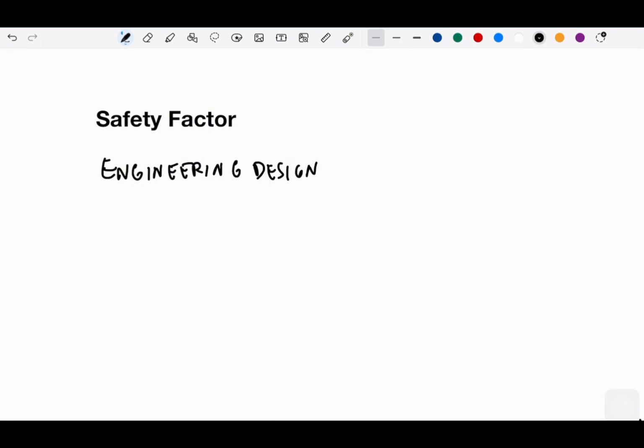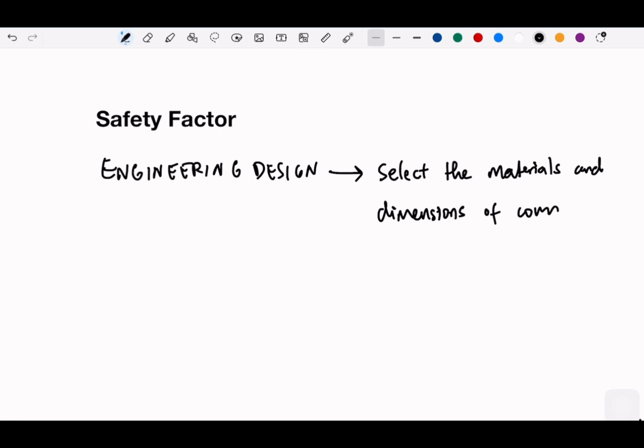After you get your formulations, your simulations, what you need to do is select the materials and dimensions of components.